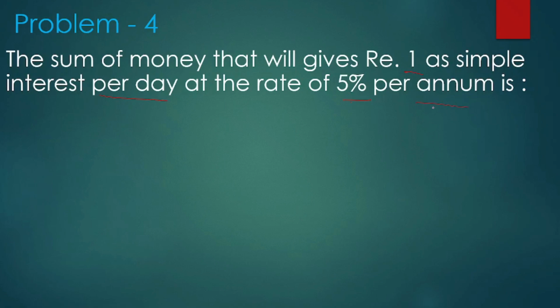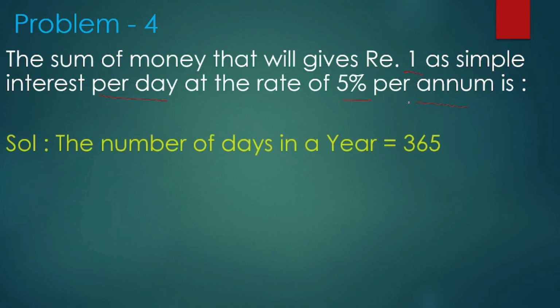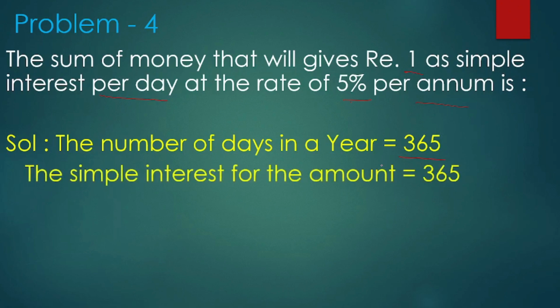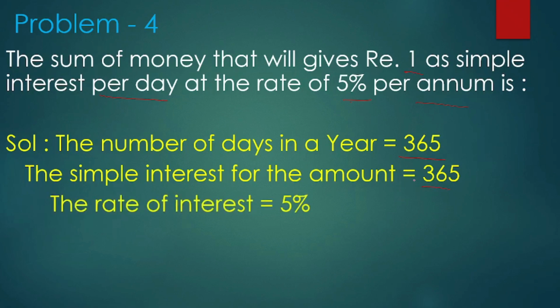So for each day we must get 1 rupee as simple interest. The year contains 365 days. So for a year the simple interest must amount to 365 rupees. The rate of interest is 5% and the time period is 1 year.